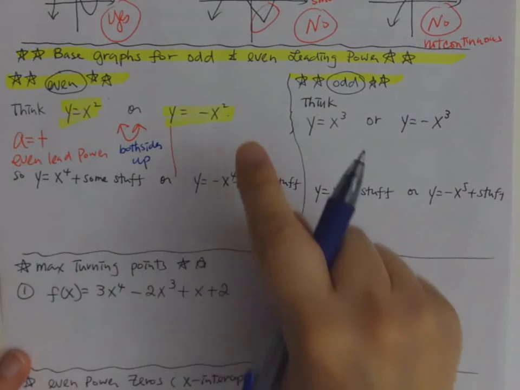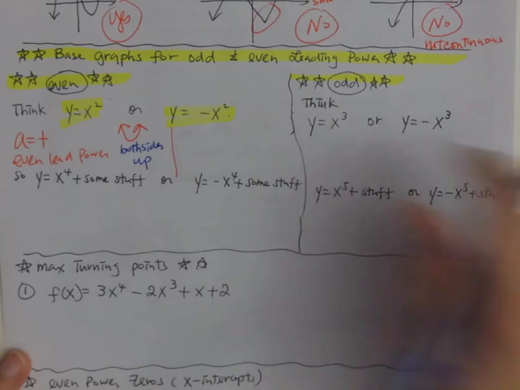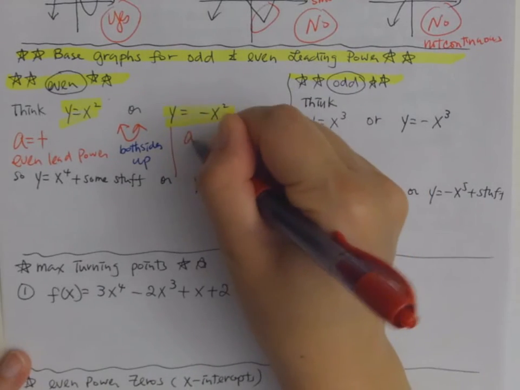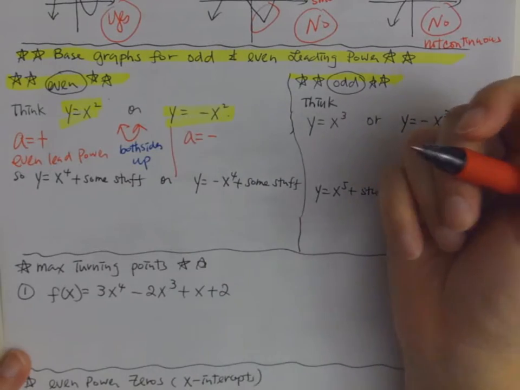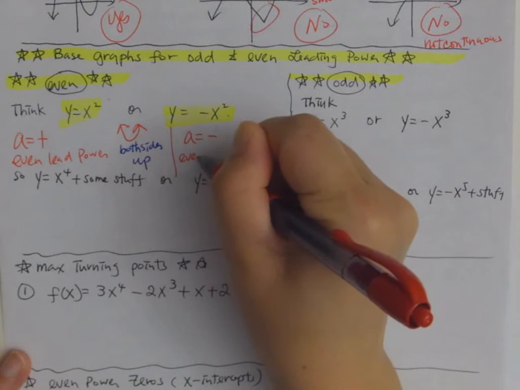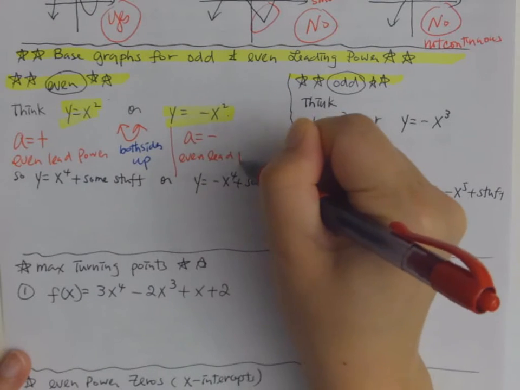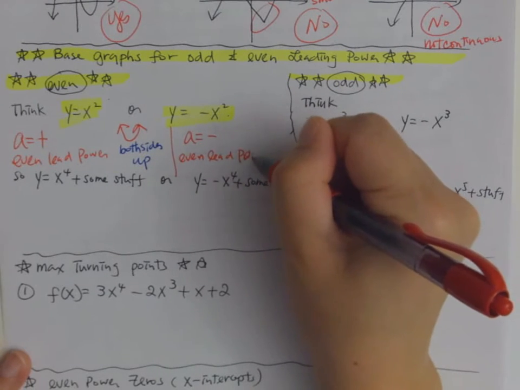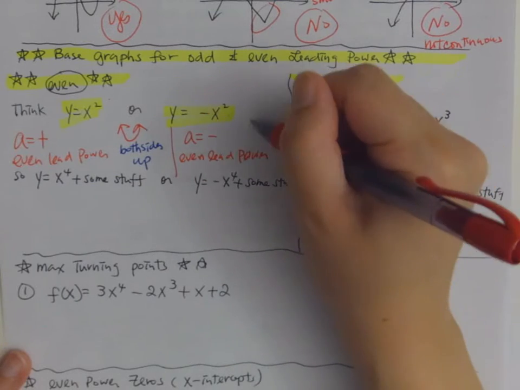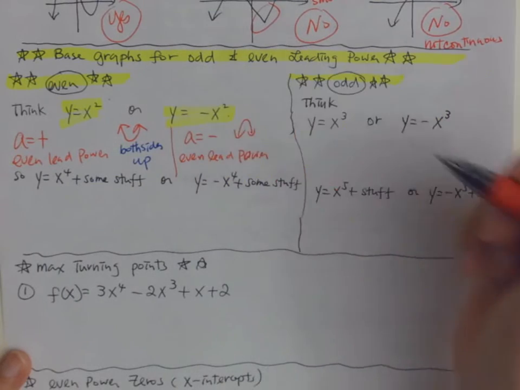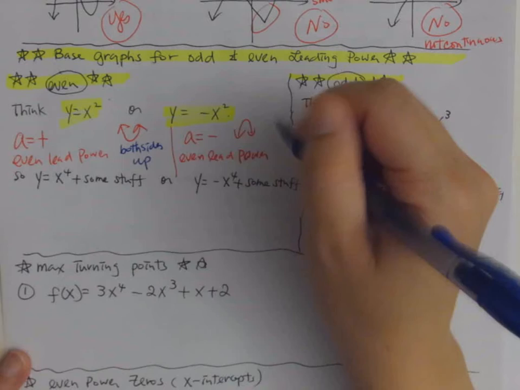And then if you have even leading power with leading coefficient a negative, then you have an upside-down parabola, which is both sides down.